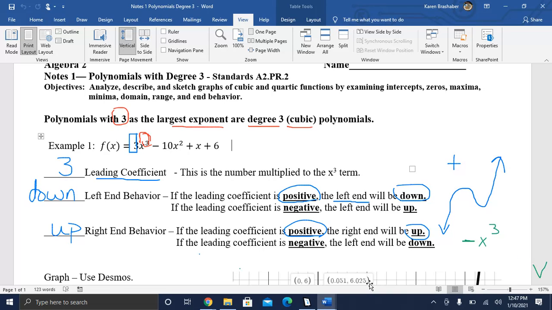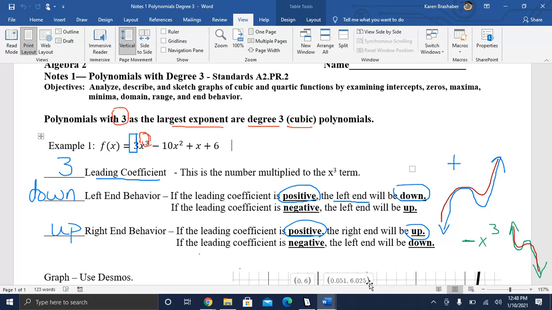So if you look at those graphs, you will see that the positive looks like a positive trend. This graph is starting low and then moving high. And if you look at the negative, it's a negative trend. It's starting high and it's moving low. So hopefully that will help you think of what's happening there.